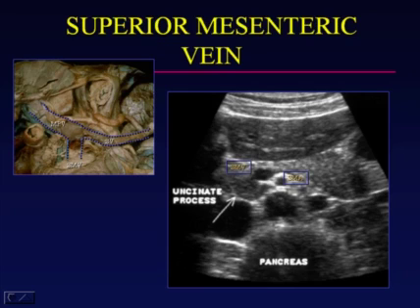And if you image in a direction like this, so that you are looking at the superior mesenteric vein over the inferior vena cava, note that the uncinate process of the pancreas courses between the superior mesenteric vein and the inferior vena cava. Similarly, if you image the superior mesenteric vein in this plane, you will also see a little bit of that uncinate process interposed between the superior mesenteric vein as well as the aorta.